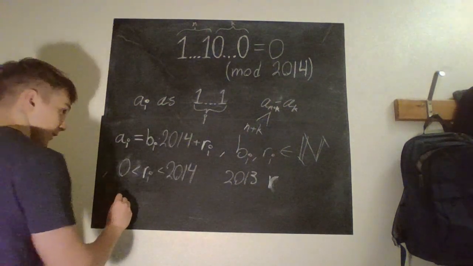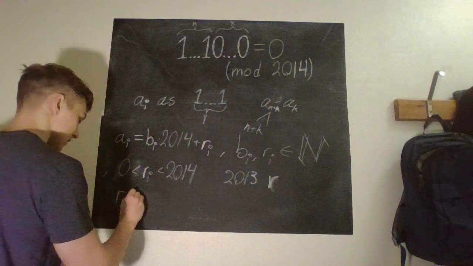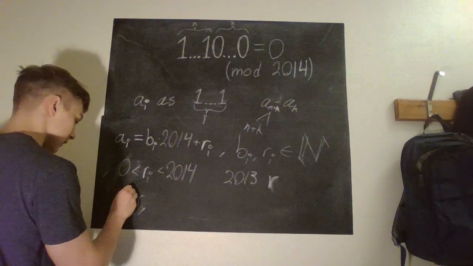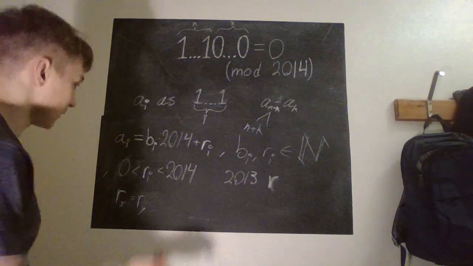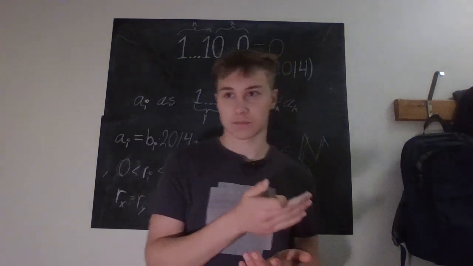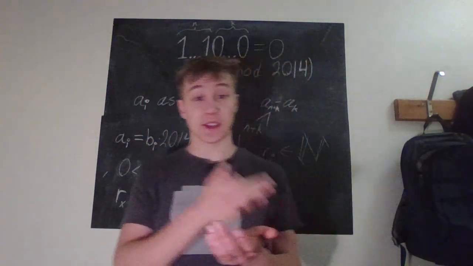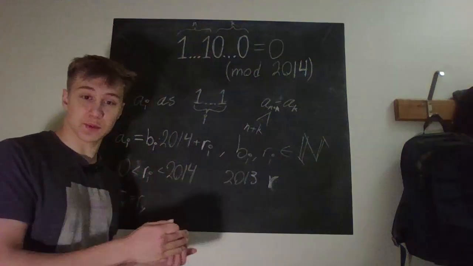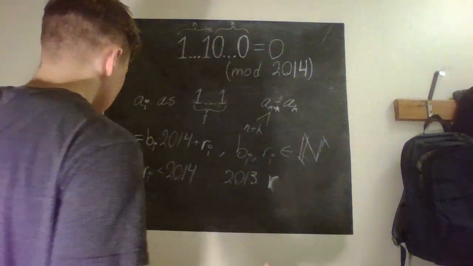So if we find that r_x is equal to r_y, then what can we do then? If the numbers have the same residue, yeah, exactly. If they have the same remainder in modulus 2014, that would mean that the difference between them is divisible by 2014. And that is super quick and easy to prove.